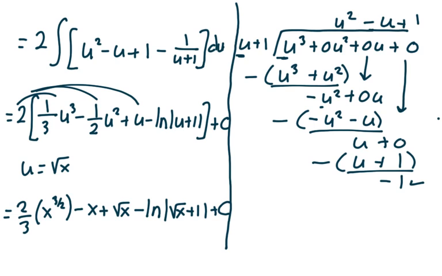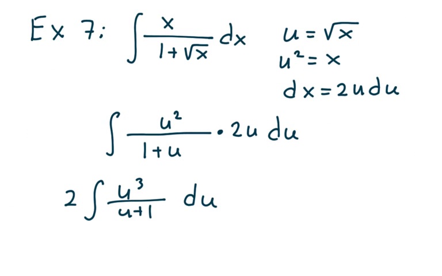So remember, I'm taking square root of x and I'm raising it to the 3rd power. So that was what was happening on that type of question. That was example 7.